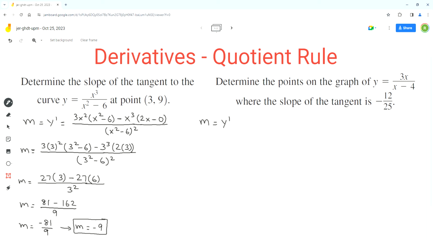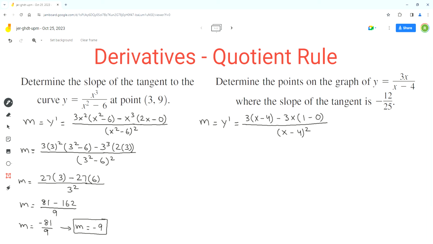I'm using the prime notation here, and now we can use the quotient rule. We start with the derivative of the numerator, which is 3, times the denominator, then minus the numerator times the derivative of the denominator, which is 1 minus 0, over the square of the denominator.